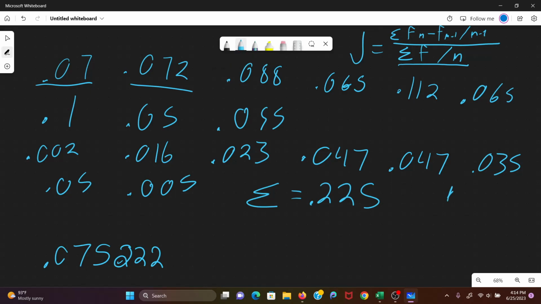Okay, here n minus 1 is 8, so we're going to put 0.225 over 8, and that equals 0.028125.